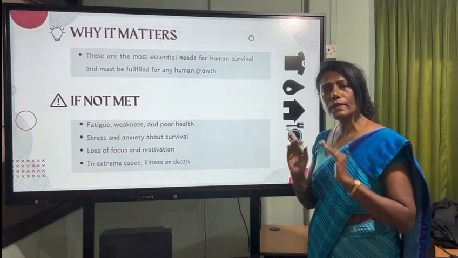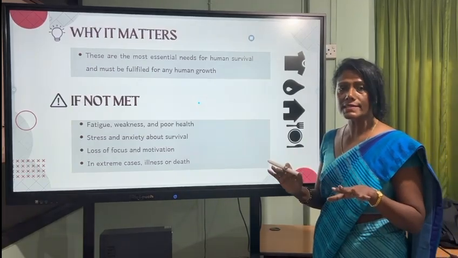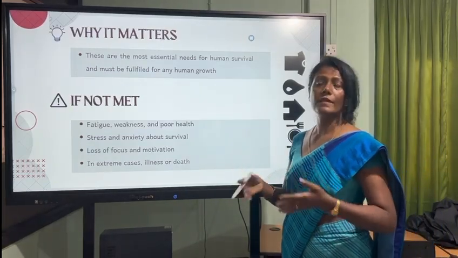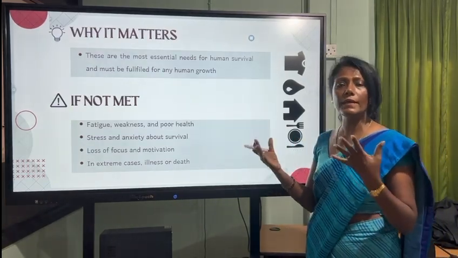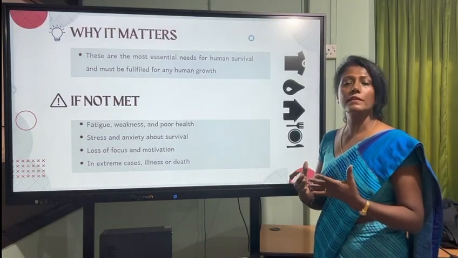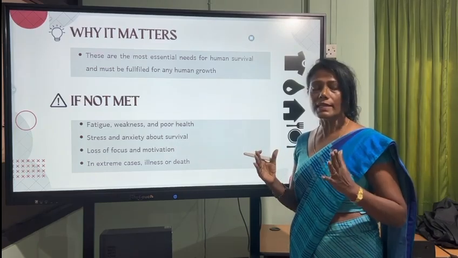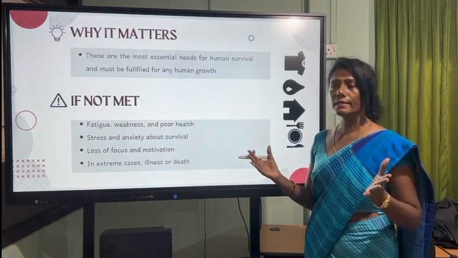That's why we need to fulfill the basic needs. If not, they will be sick, people will be fatigued, and finally, if it prevails for a longer period, they will be seriously ill, and that can cause death.